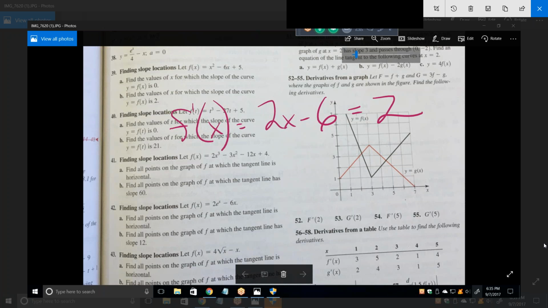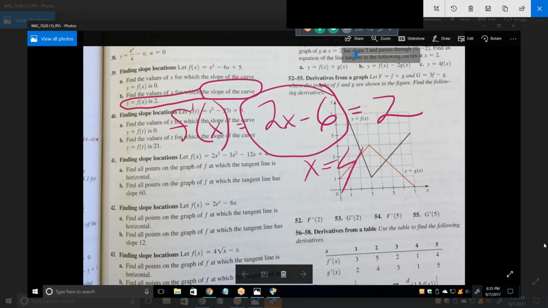That means the first derivative has to equal 2. In other words, these words right here, the slope of the curve is 2, mean the derivative has to equal 2. Well, this is the derivative. If I set it equal to 2, I find out that when x is 4, the slope of that tangent line is 2. It's not 0.